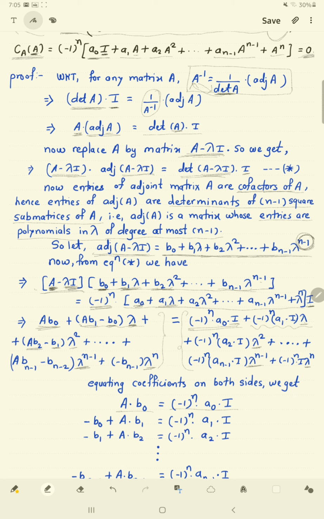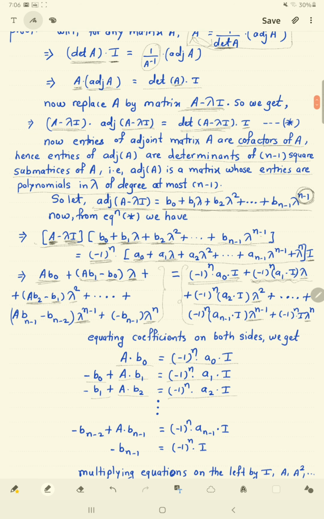Now on both sides lambda is common, it gets cancelled, so I will get A b1 minus b naught equal to minus 1 raised to n a1 I. Similarly A b2 minus b1 is minus 1 raised to n a2 I for lambda square.